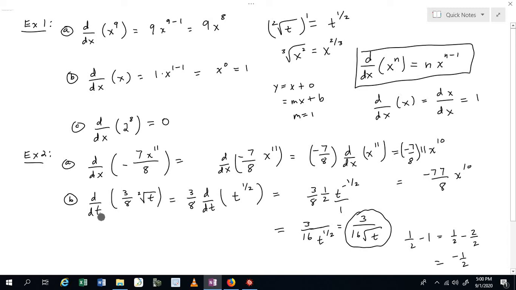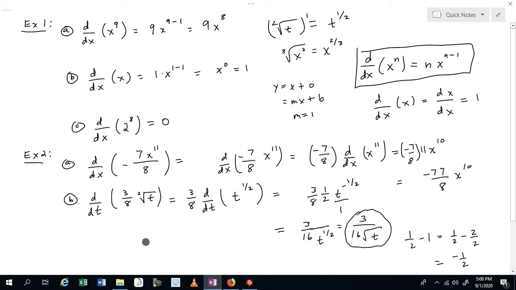Now, one thing I want to mention here is notice that you're taking this derivative with respect to t, and the independent variable here is t. Okay, and so this makes sense. Later on, we'll learn about what happens when you take the derivative of some function with respect to t, but the function depends on x.